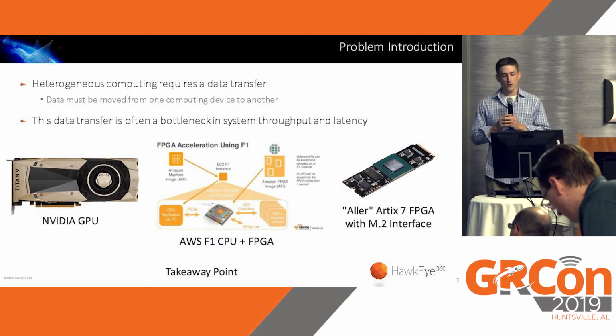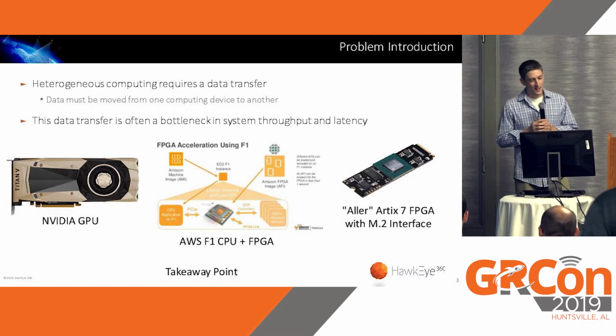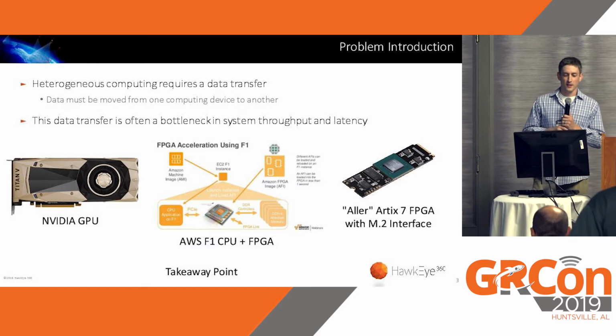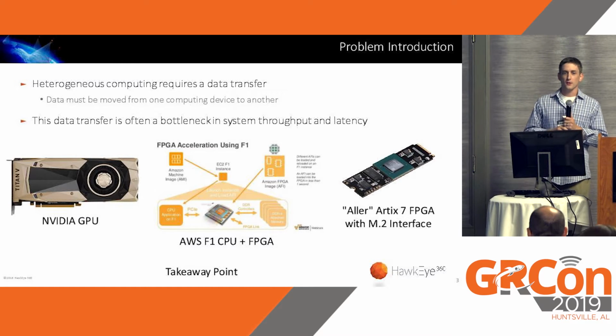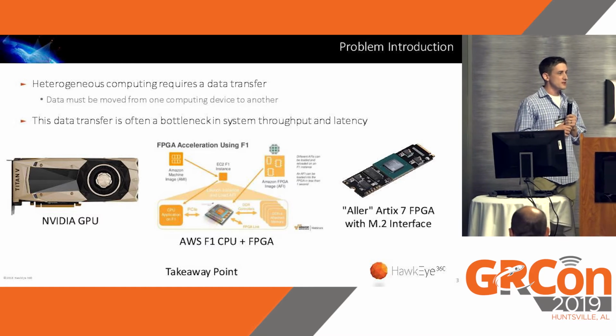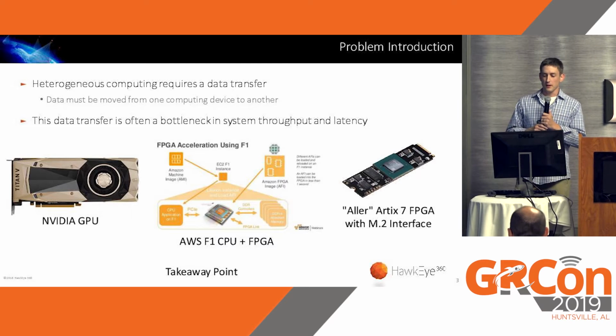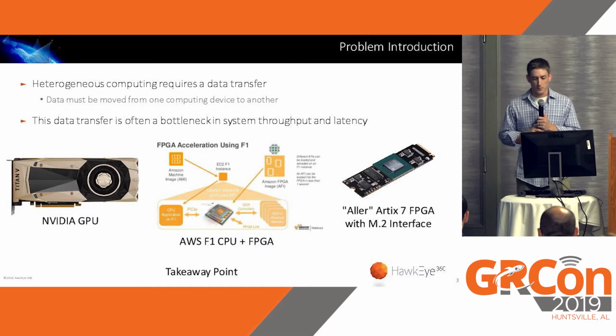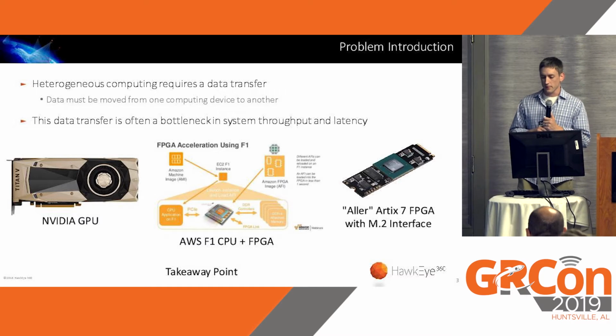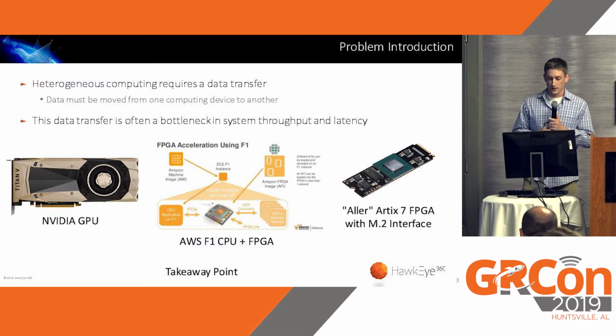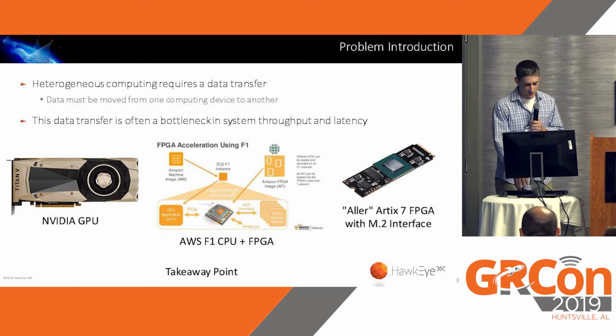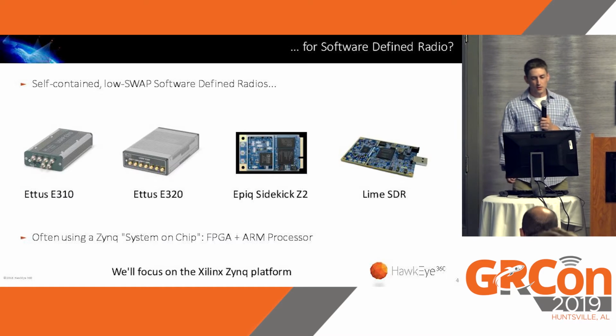So there's just a couple examples here. The GPUs, you've got the AWS F1 instances, which have a big FPGA situated next to a processor over PCIe, and even a pretty cool example of an M.2 interface FPGA. And there you go, there's the takeaway point.